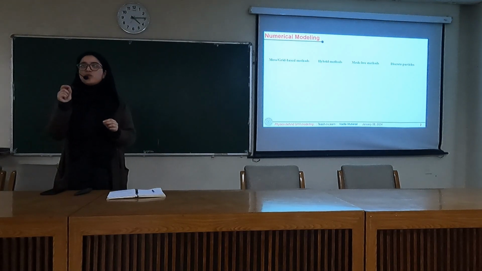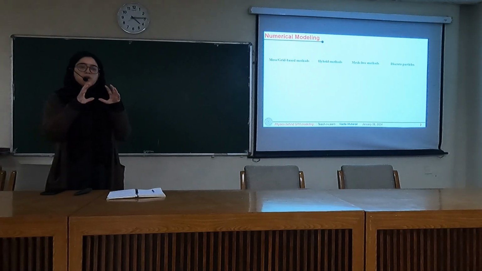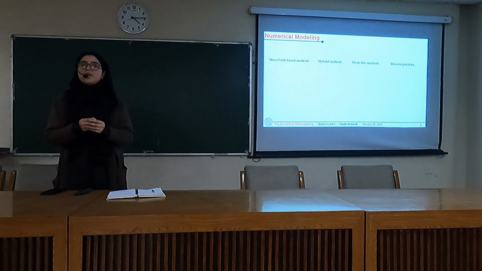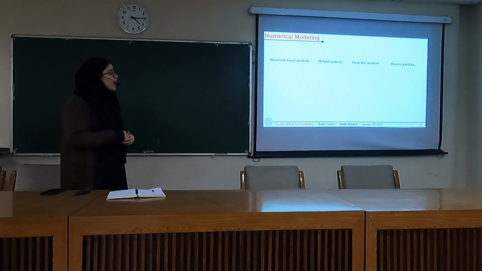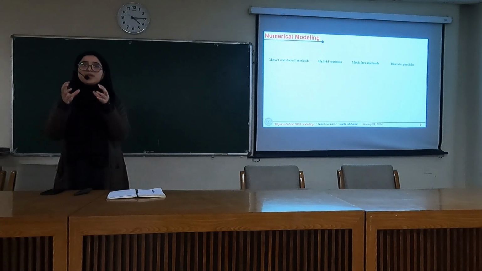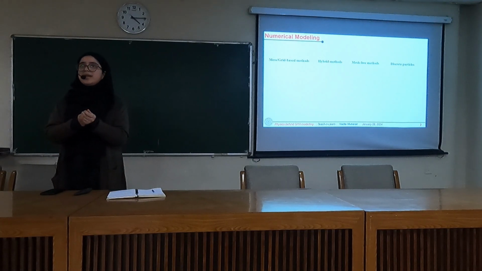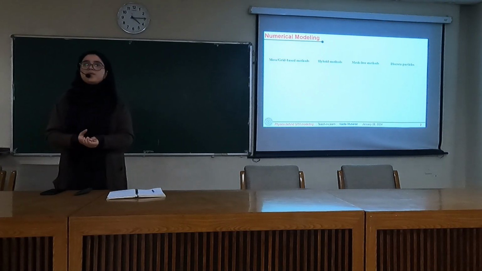However, the analytical solutions to those differential problems can only be obtained when the domain is homogeneous and when we are dealing with somewhat similar or regular geometries. But if we want to analyze real-life structures which aren't just simple geometries, we need some tools. So numerical method or numerical modeling is one way to do that.